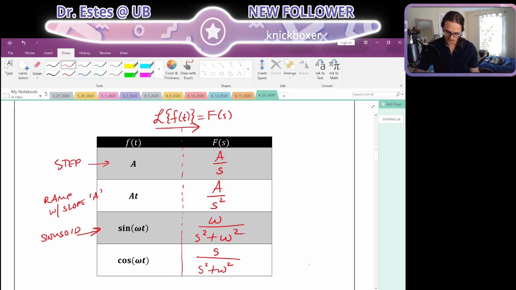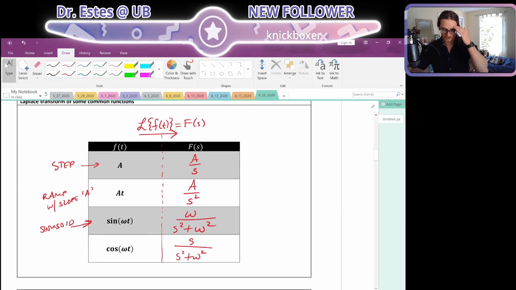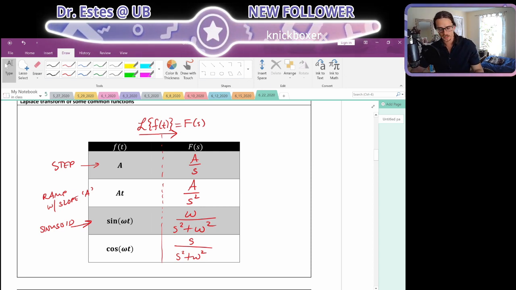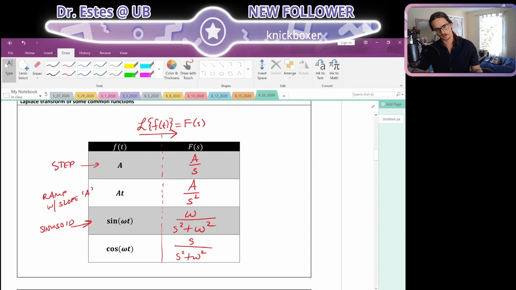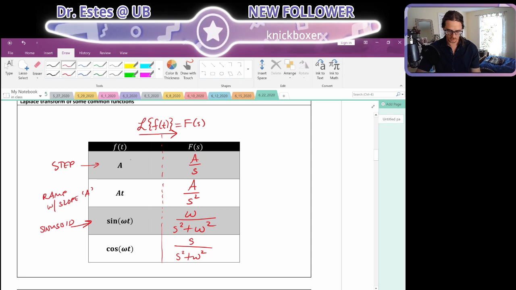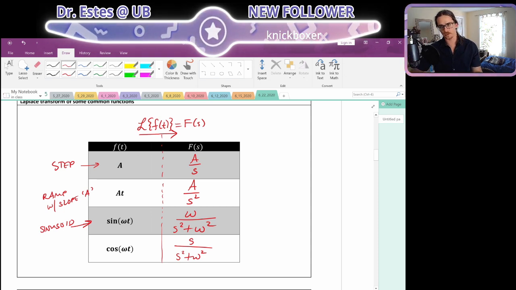Okay, so the takeaway here: you take the Laplace transform of a function of time, you get back a function of s. And here are probably the most popular functions of time that we'll use in dynamic systems, and their corresponding functions of s.